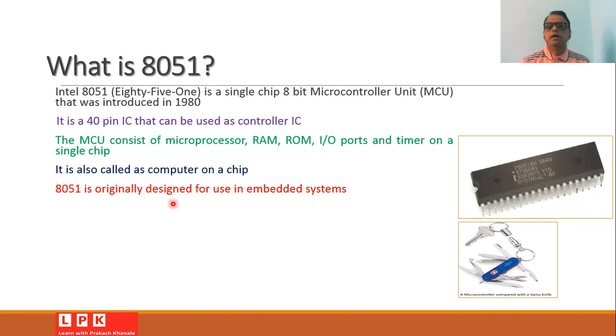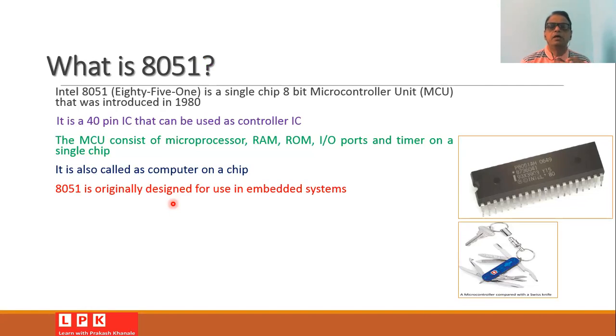For example, in many modern devices such as the microwave oven or the fridge that you use in your home, you will find that microcontroller chips are embedded in the device itself. Many devices such as a car will also have such a system inbuilt.